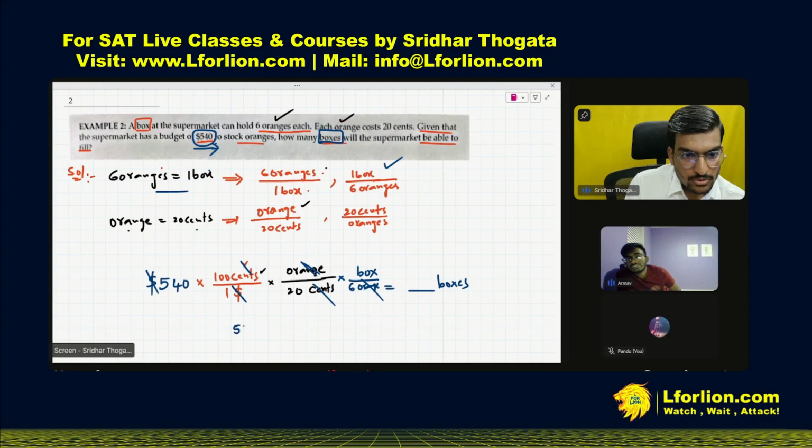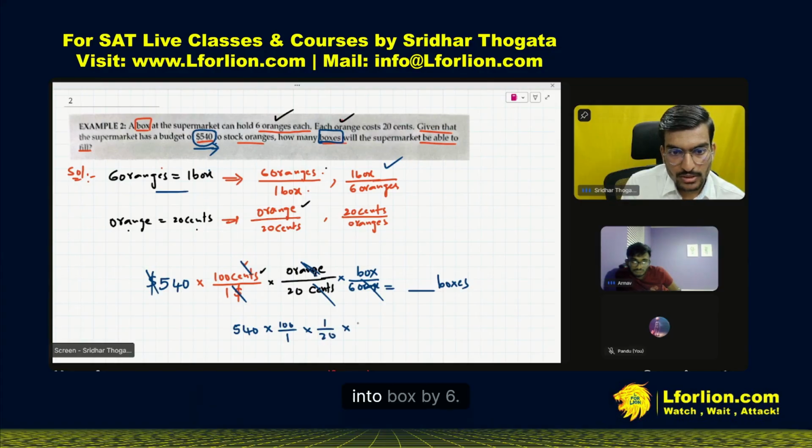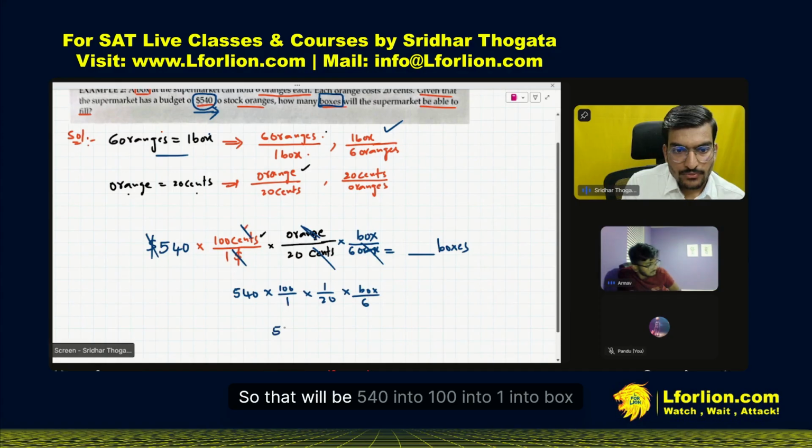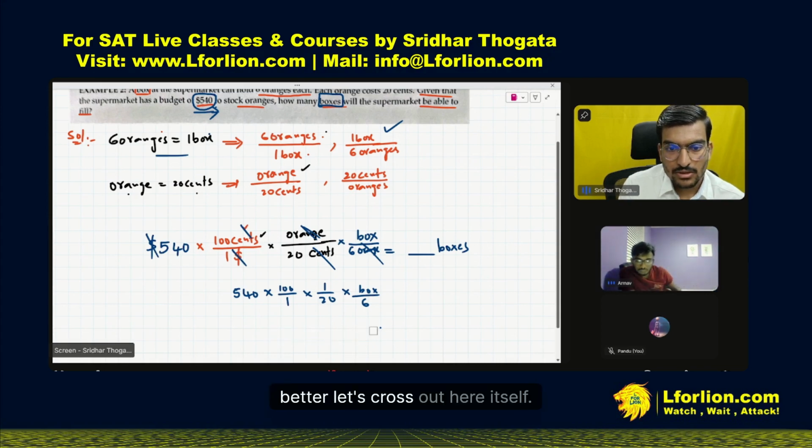I ended up with boxes: 540 into 100 by 1 into 1 by 20 into box by 6. So that will be 540 into 100 into 1 into box divided by 20 into 6. Let's cross out here itself.